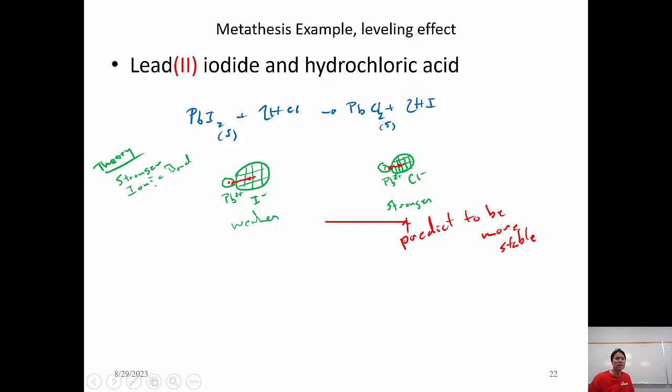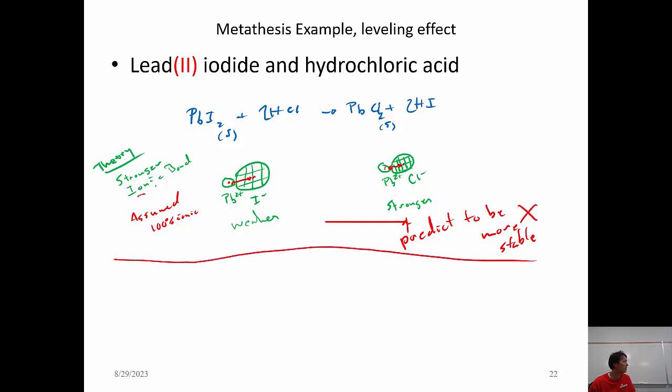What's happening here is heavy metals have a heavier covalent contribution. And so here, what we did was we assumed 100% ionic bonding. And we didn't factor in any kind of covalent interaction, but it turns out this is wrong. Solubility shows it otherwise.